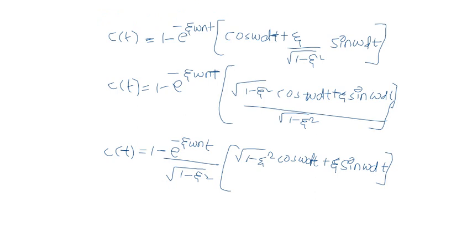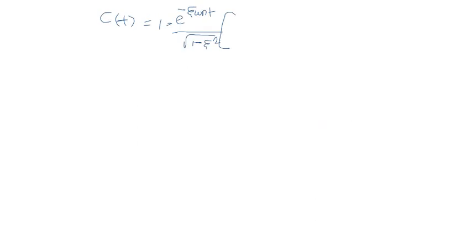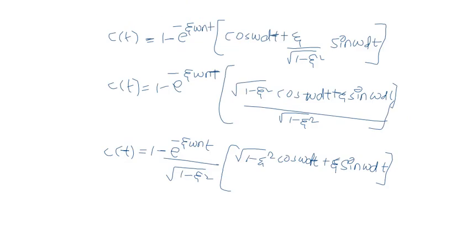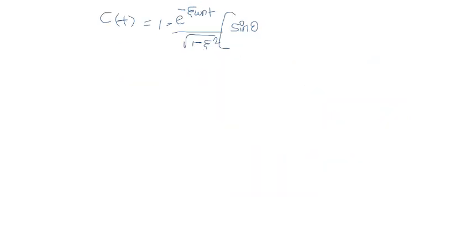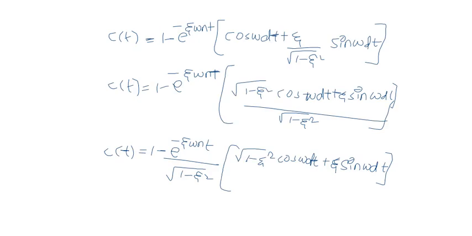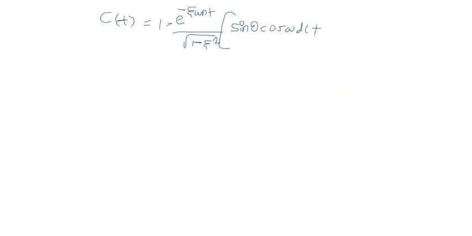Here we are having under root of 1 minus zeta square, so in place of that, you have to substitute sine theta, and here we are having cos omega dt plus, again here we are having zeta. So in place of zeta, you have to substitute cos theta, and again we are having the sine omega dt.